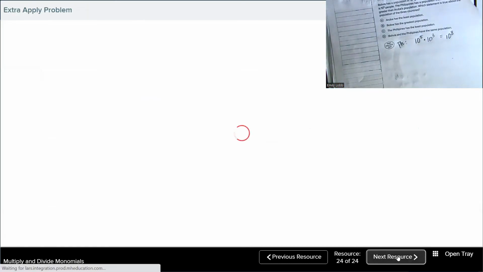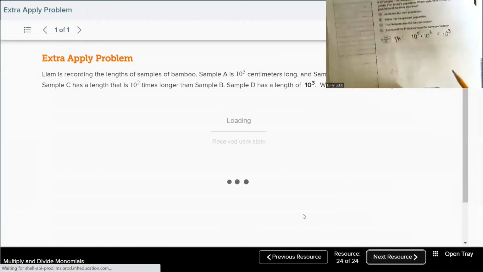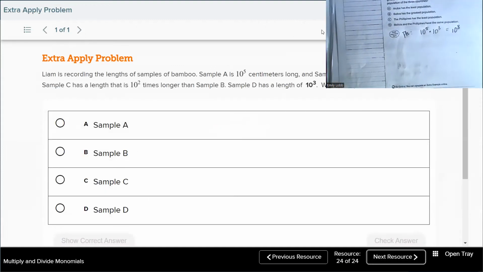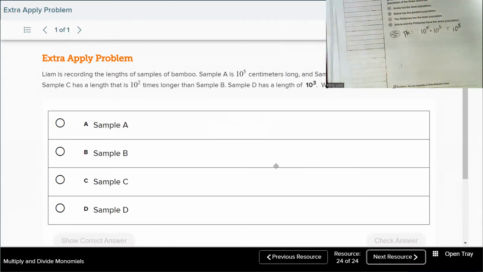All right, here's our extra applied problem. Liam is recording the lengths of samples of bamboo. Sample A is 10 to the 5th power centimeters long, and sample B is 10 squared centimeters long. Sample C has a length that is 10 squared times longer than sample B. So what am I multiplying by 10 to the second?